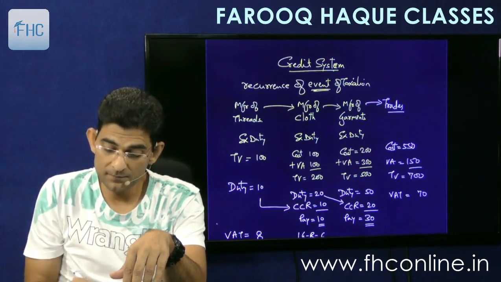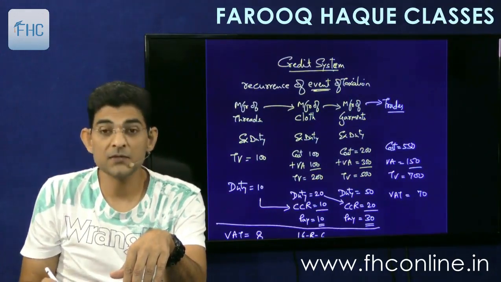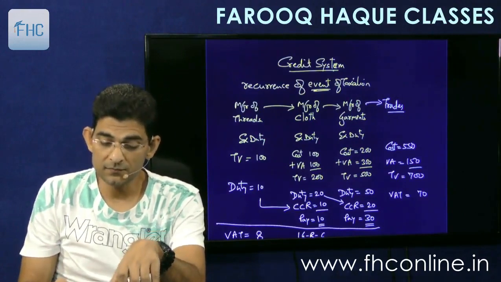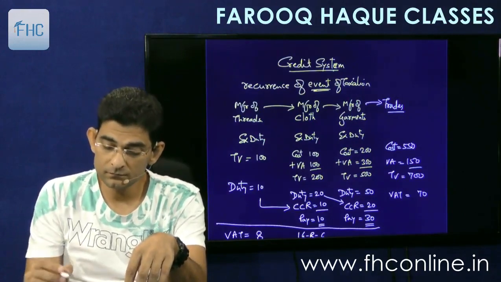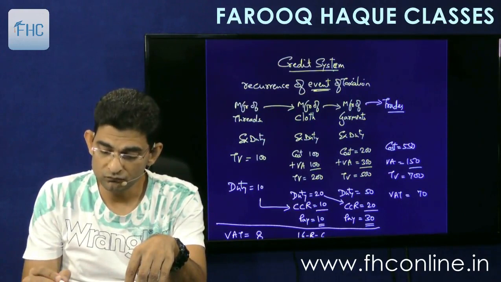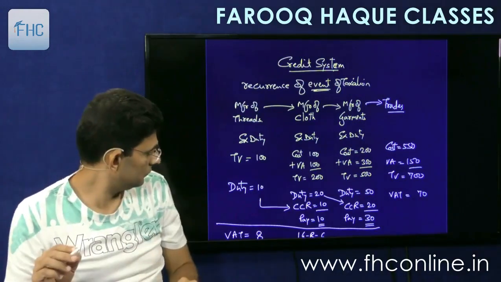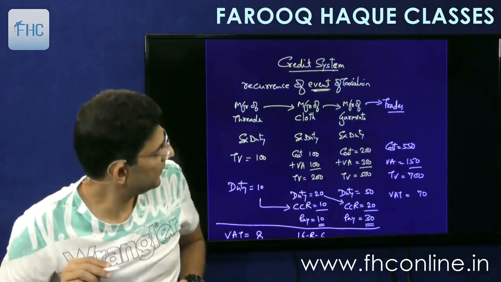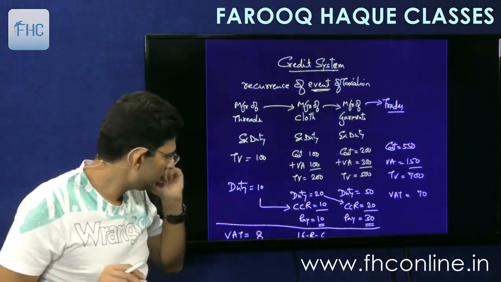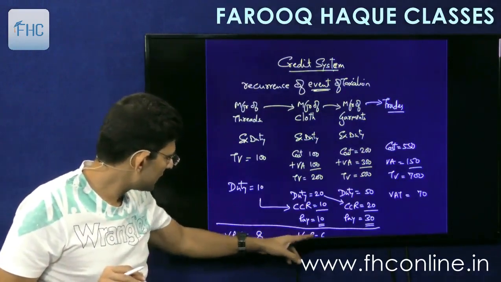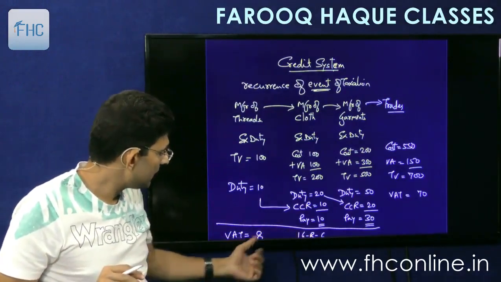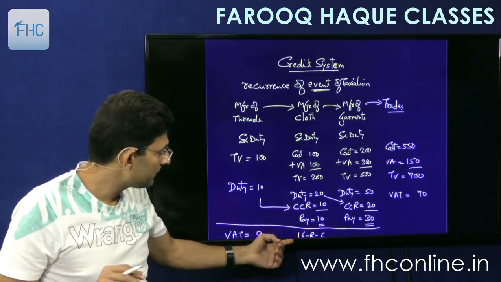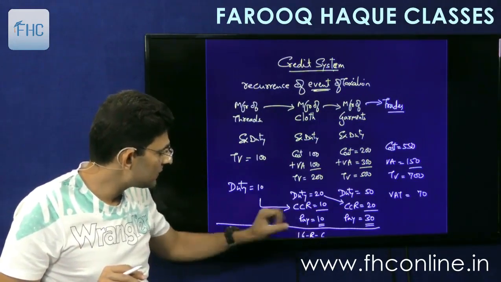So he pays 6. I hope you are able to see, though it is going below the screen, but you can write as 6. So his output liability is 14. By setting off 8 he pays 6.